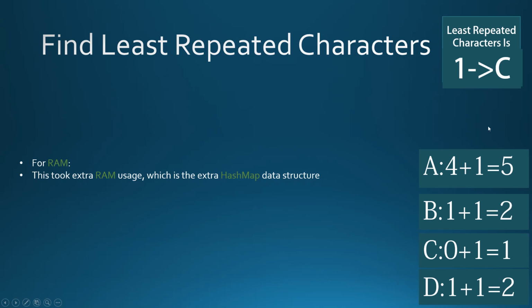The list we have got is given to us. We don't calculate it as extra space, because that's what's given to us. We're using an extra hash map here. So the extra RAM usage is the extra hash map data structure.